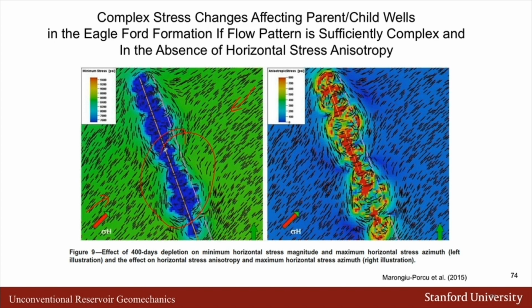It turns out that the reason for this is that the initial assumed stress anisotropy out here is near zero. So SH max is equal to SH min. So the reason such huge perturbations occur is because the assumption is that we're starting with an almost isotropic state.